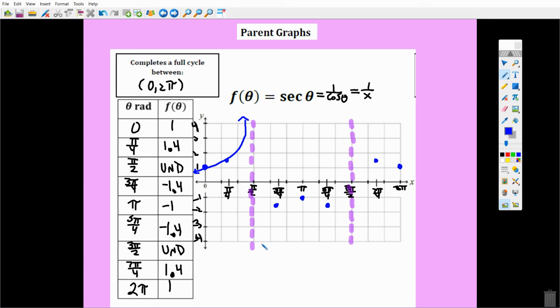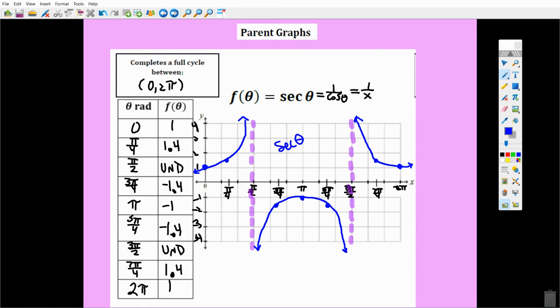This one is like this. And then this one goes like this. And that is secant theta. All right, and so that's secant, which is the reciprocal of cosine.